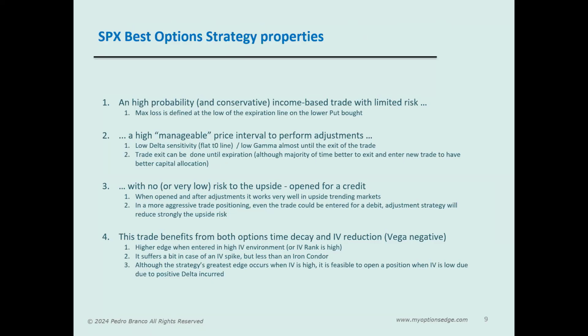So what are the main properties? This is a high probability and conservative income-based strategy. It is obviously with limited risk. It also allows us to have several types of adjustments, so it is very flexible in terms of adjustments.